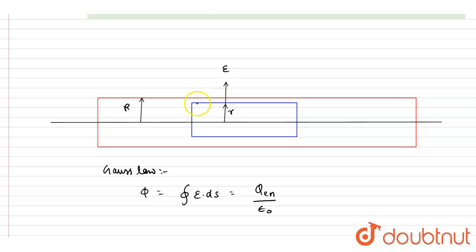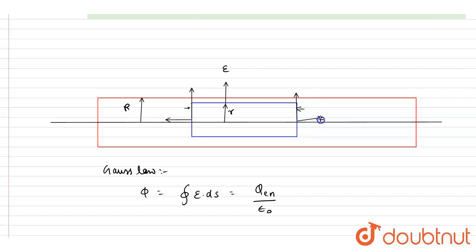So let us see the E dot ds for this volume that we selected. At this surface and at this surface, the electric field and area vector will be perpendicular, since the area vector will be directed along the axis, and the electric field, you know already, is directed radially outward like this.